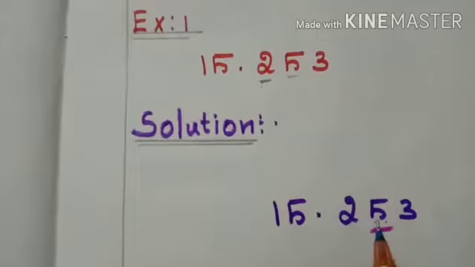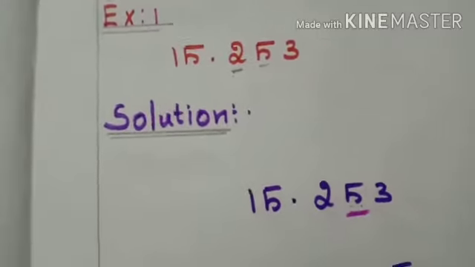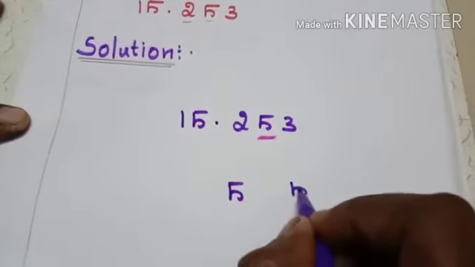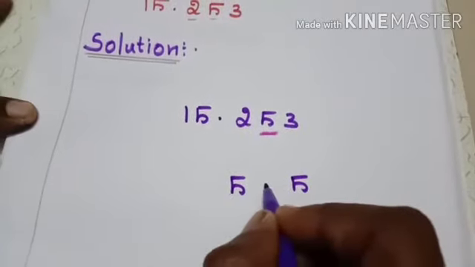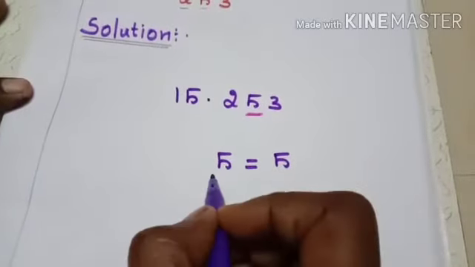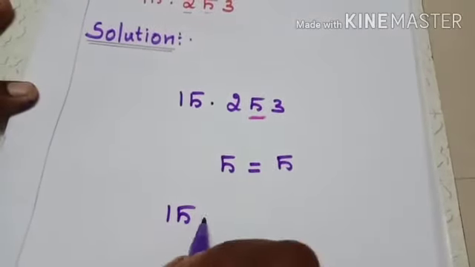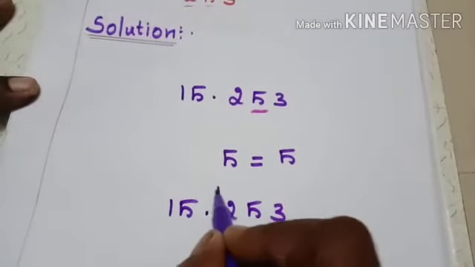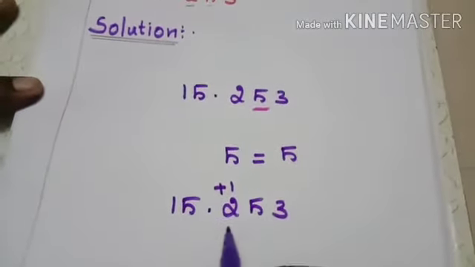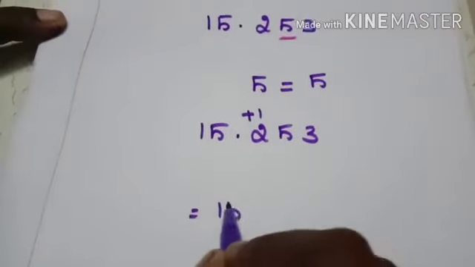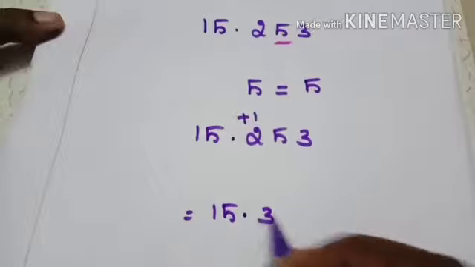Here the 100th place is 5. We compare the number 5 with the same number 5. Here 5 is equal to 5. In this case, we have to add 1 in the 10th place. So here the answer is 15.3.